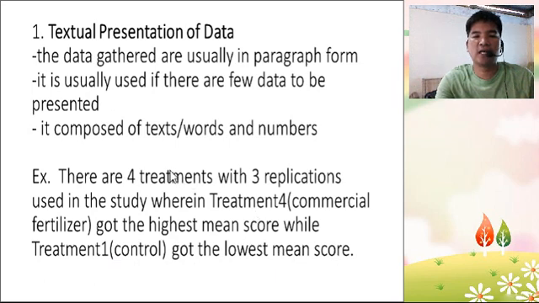Here in this example, you can see the numbers 4 and 3, and they are also in words. You will just explain the result of the study in a paragraph form. There are no tables and no graphs in this way of presenting your data. That's why it's called textual or word presentation of data.